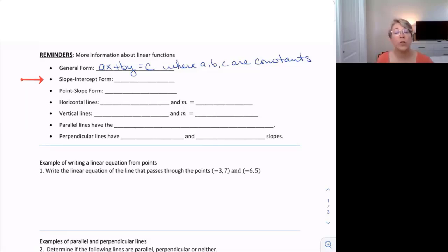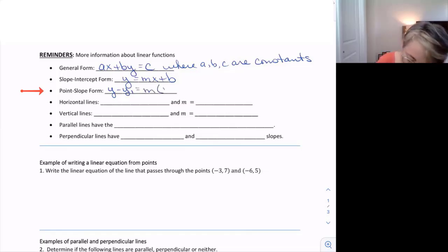We have the slope-intercept form, which we already talked about in 1.3, y equals mx plus b. Remember, m represents your slope, b is your y-intercept. We also have the point-slope form, where we have y minus the y-coordinate of a point that's given, equals slope times, in parentheses, x minus the x-coordinate of a point that's given.